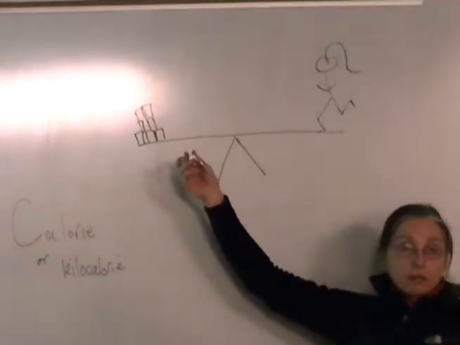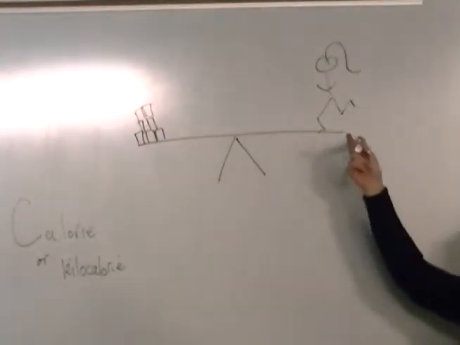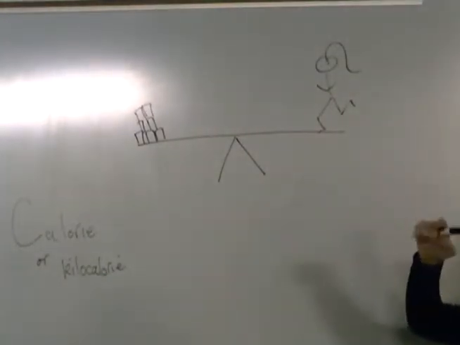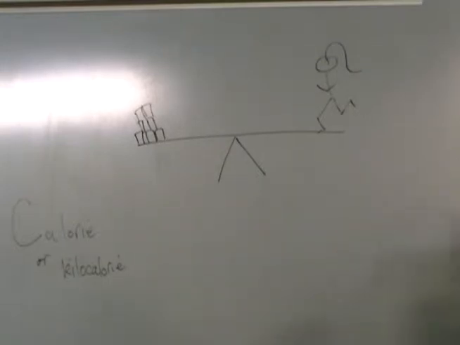On this side, the calories going out are made up of resting metabolic rate, basal metabolic rate. So if I am lying flat on my bed doing absolutely nothing, how many calories does it take to keep my brain alive, for my heart to beat, for my digestive system to work, to stay warm? All those kinds of jobs take energy, and a calorie is just a measure of energy.